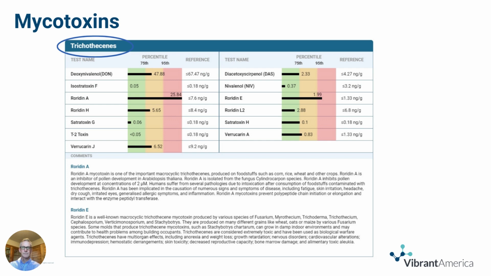As an example, on the last page, trichothecenes are some of the most dangerous and toxic. A lot of these are produced by that black toxic mold, Stachybotrys, but also the roridins, Saccharomyces, etc. These are, like I said, very dangerous. Stachybotrys is one of those molds that actually has an odor to it. Not all mold does.